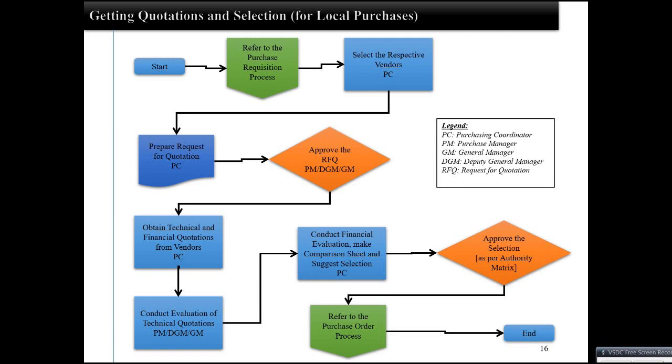The purchase coordinator will get the supplier signature as well, checking whether the person in the supplier company is authorized to sign. You should know this, and then sign the contract.